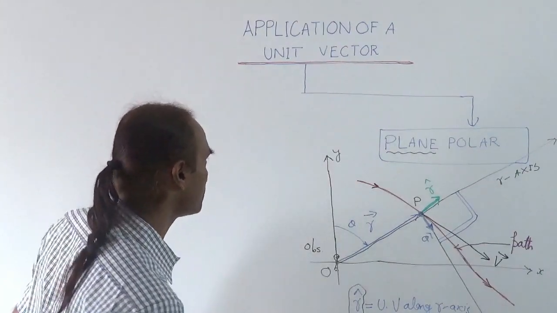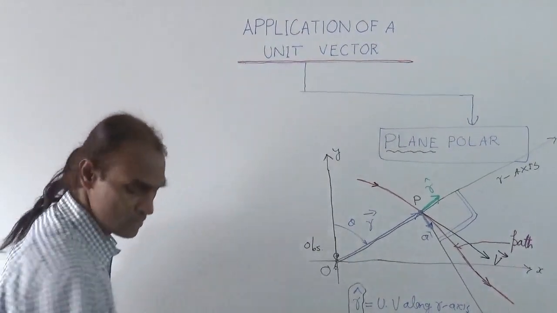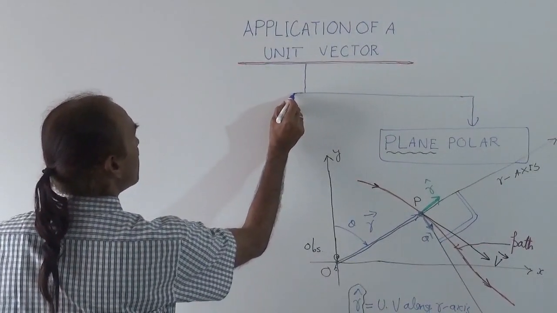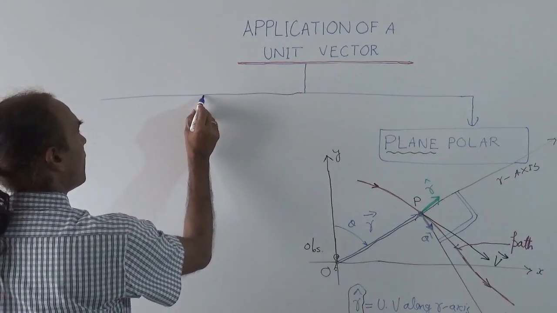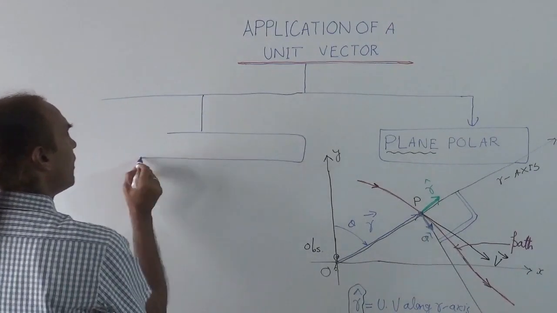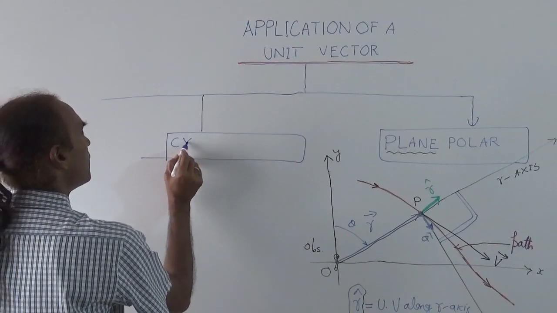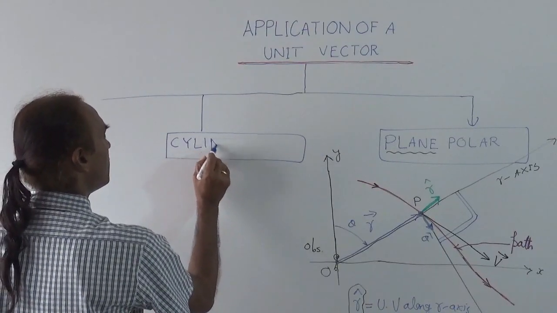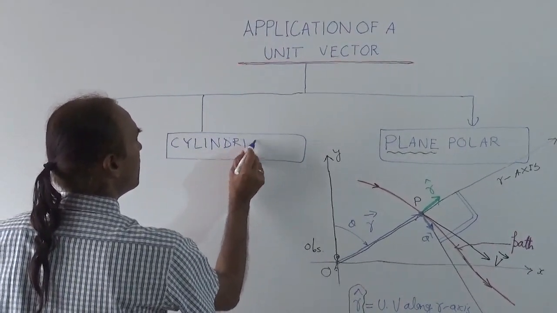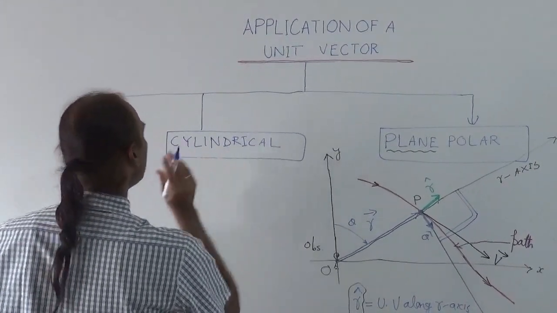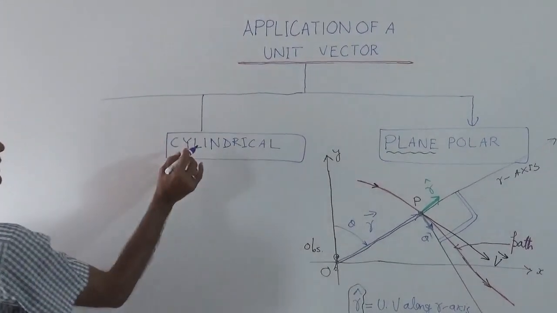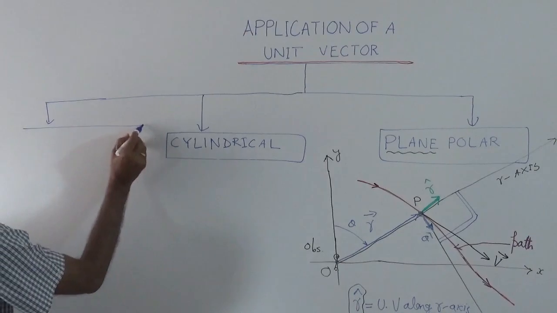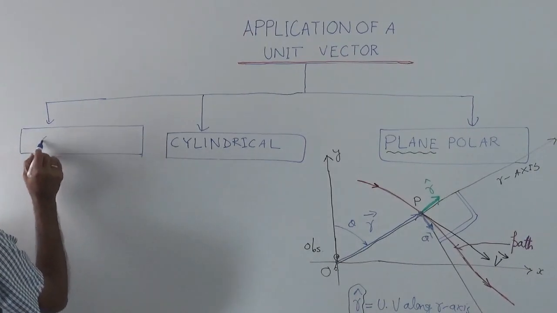Well, apart from this plane polar coordinate system, we have some other coordinate systems like the cylindrical coordinate system and the spherical coordinate system.